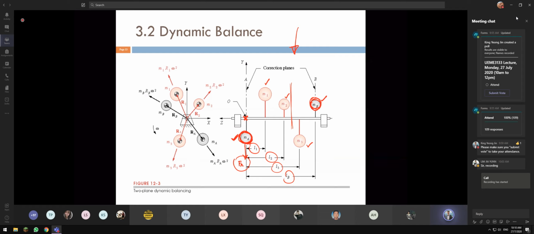So normally they will stick the mass at the most outer possible radius so that you can reduce the mass added to the system to get the same amount of m r omega square. So that is what happens in reality.